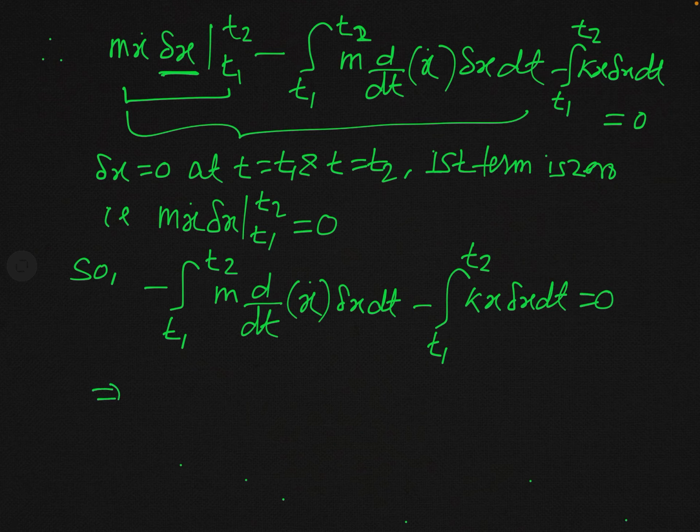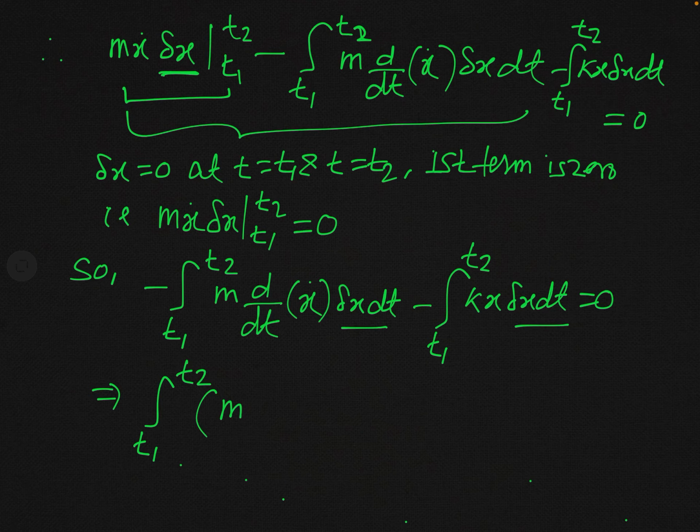And now let us simplify the LHS of this equation. You can see delta x dt may be just written as a common factor, and the integral has also the same limit, and both terms are negative. So when we take minus 1 as a common factor, then both terms will become positive. So you can write this as integral t1 to t2 of d/dt of m x dot.